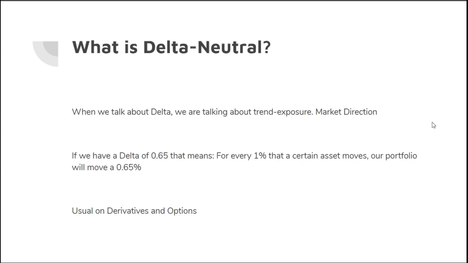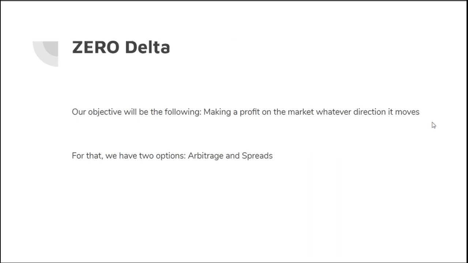The following strategy that we are going to see applies to almost everything. We are going to try to find a zero delta, at least related to the trend of a certain currency. Our objective will be the following: make a profit on the market, whatever direction it moves.